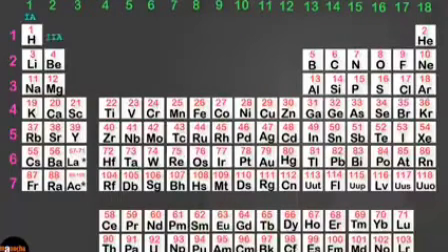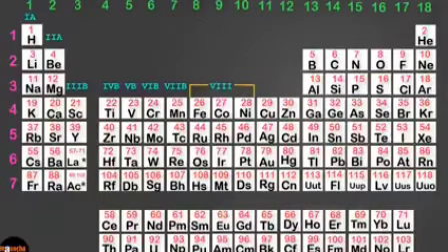Group 2 is 2A. Now when we go to group 3, it's tricky. It's going to be 3B. Then you have 4B, 5B, 6B, 7B, and groups 8, 9 and 10 have the Roman number 8.